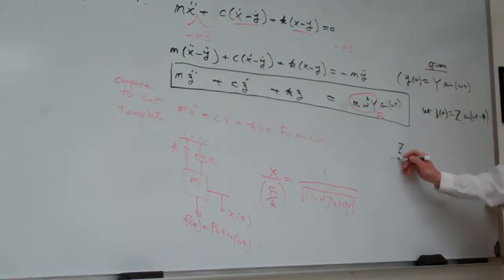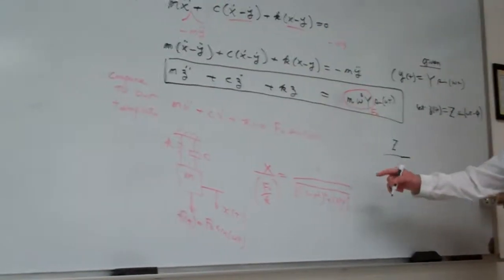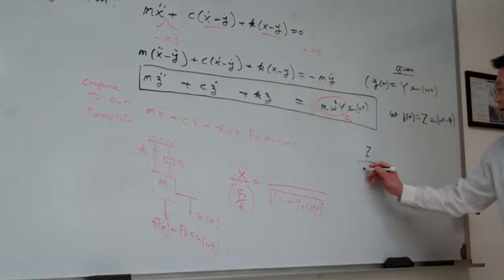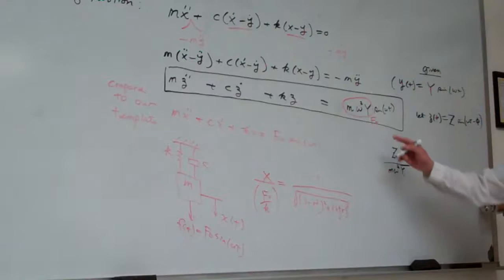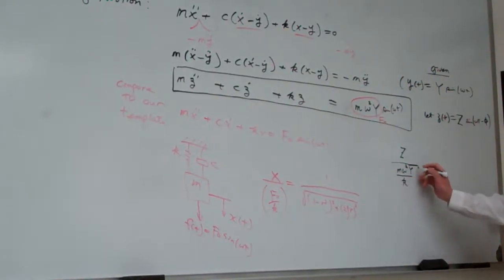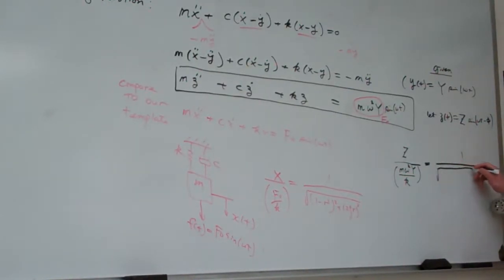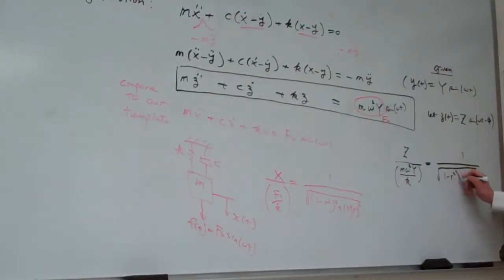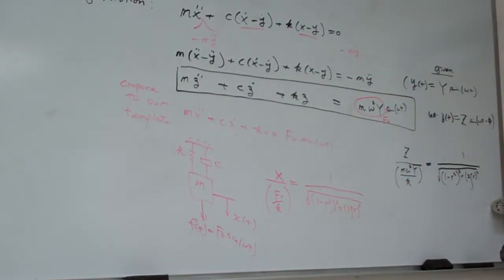So this is the magnitude, divided by, compared to this one again, what F now corresponds to here, that is m omega squared Y, which is our F now in this formulation, divided by spring constant K. Right, so this term is equal to this one: 1 minus r squared, plus 2 zeta r squared. Good?